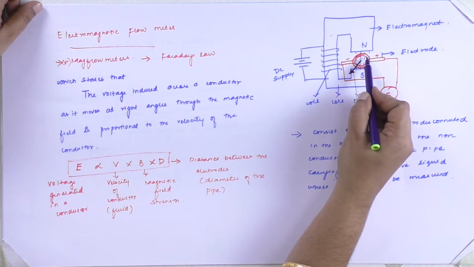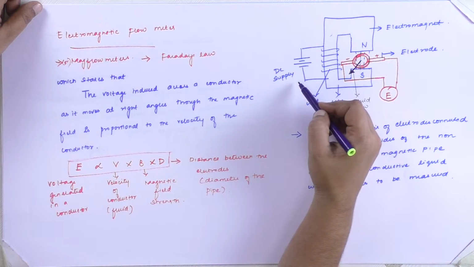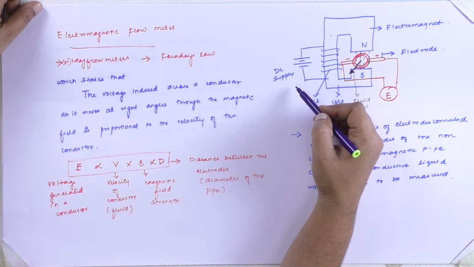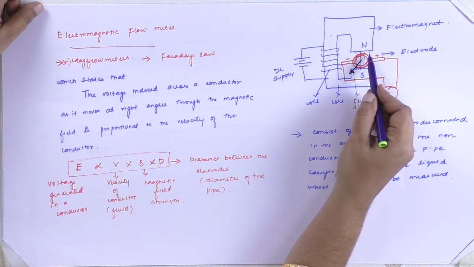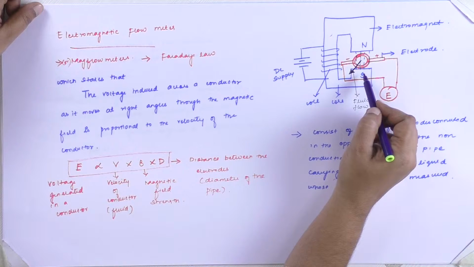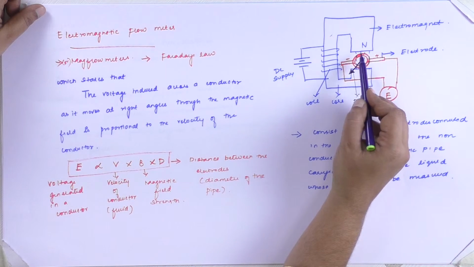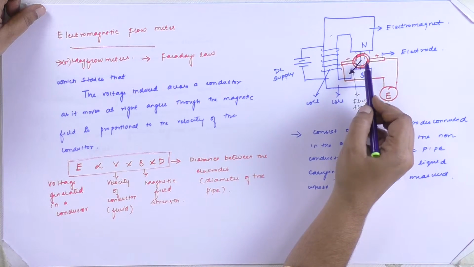Also, this pipe is surrounded by an electromagnet which is created with the help of a DC supply, which produces the necessary magnetic field. So the pipe is analogous to a conductor moving across a magnetic field.